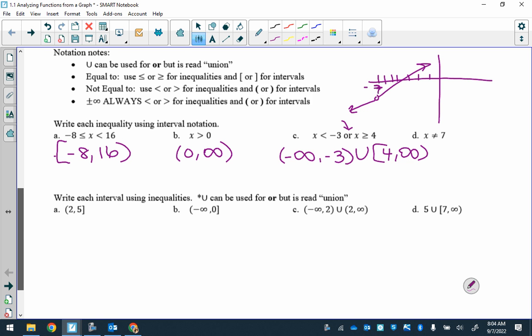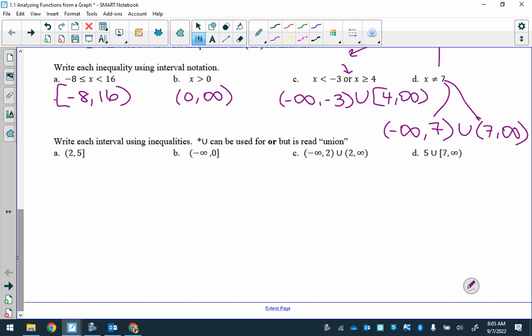Keep the numbers. You don't have to change to 6 and 8 because 6 and 8 are still included. Yep, that's it. So negative infinity to 7, still with the parenthesis, union 7 to infinity. Oops, this should have been positive 7, but okay. So you're still including the number that is given to you here, but the parentheses mean it's not included. So it's kind of just skipping over 7. Does that make sense? Okay.